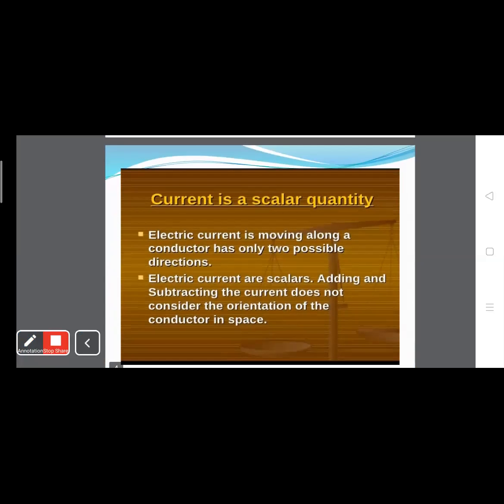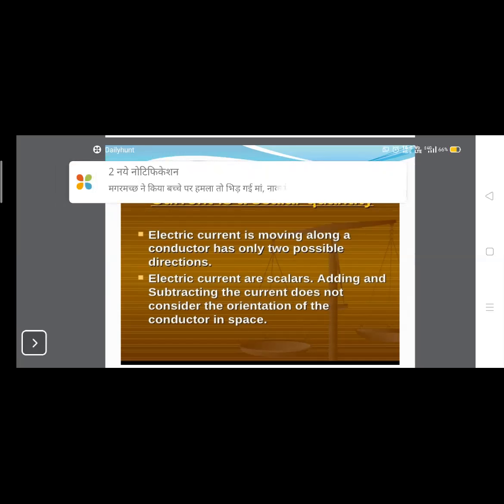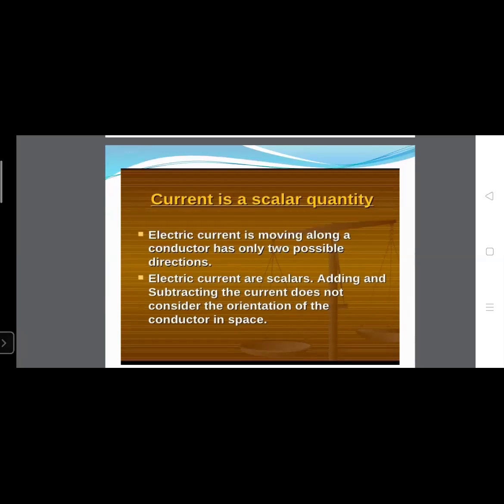Now, what is the direction and magnitude of the current? That means, is current a scalar quantity or a vector quantity? Current is a scalar quantity because electric current moving along a conductor has only two possible directions.